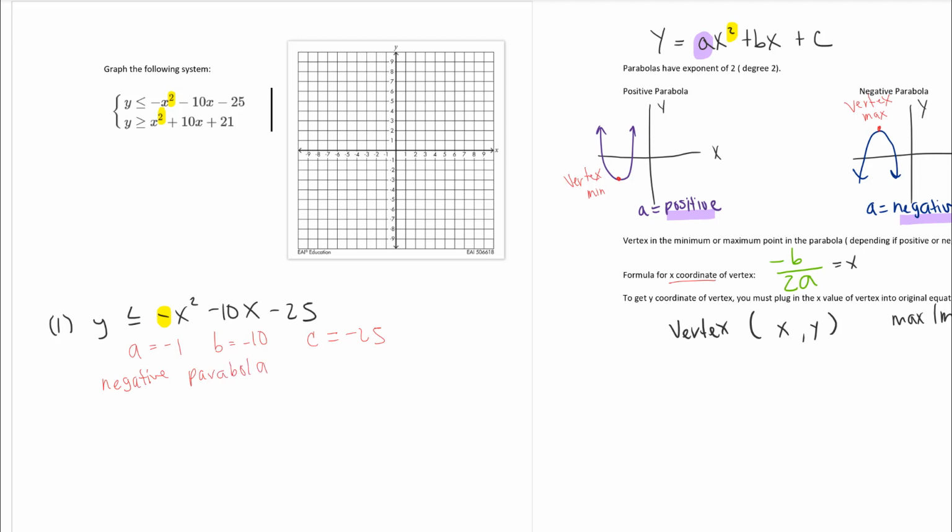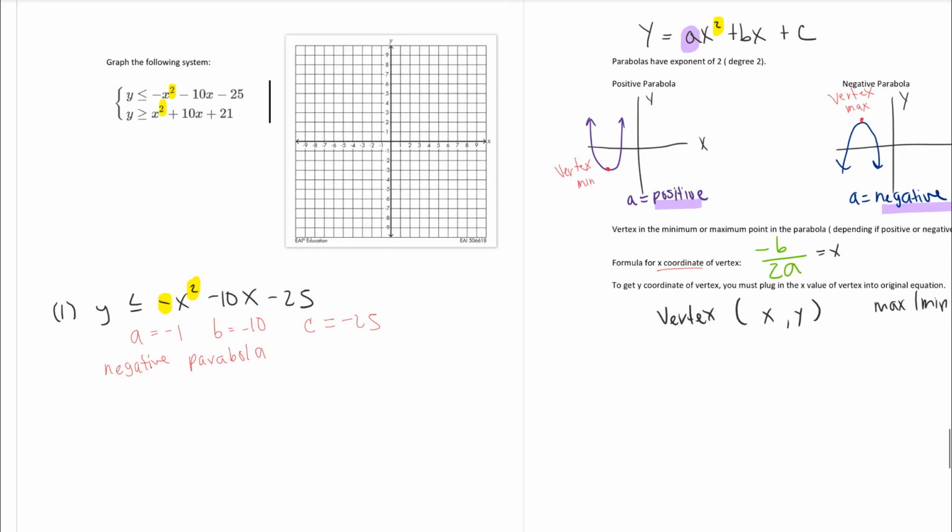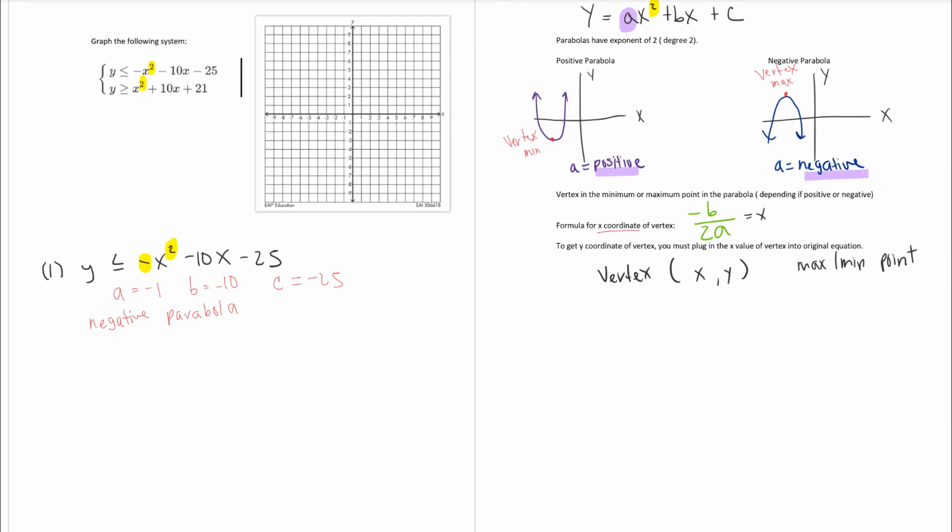And remember, I know it's a parabola because I have that degree of 2. So I want to start thinking about the vertex. If I want the x-coordinate of the vertex, I need the formula negative b over 2a. For my b value, I plug in negative 10, and for my a value, I plug in negative 1. And when that is reduced, I get negative 5.